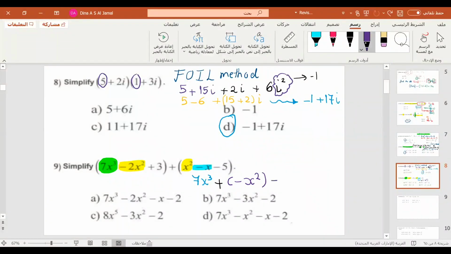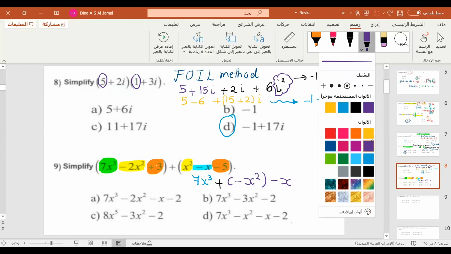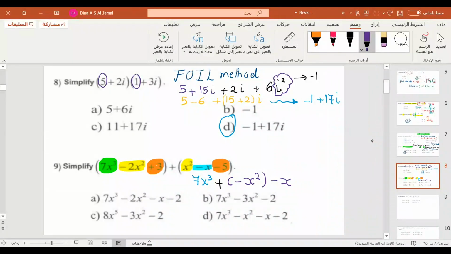No, so just leave it as it is, minus x. Then, lastly, you are having a 3 and minus 5. So 3 minus 5 is minus 2. Now, if you would like to remove the plus, it could be 7x cubed minus x squared minus x minus 2. And your answer will be D.